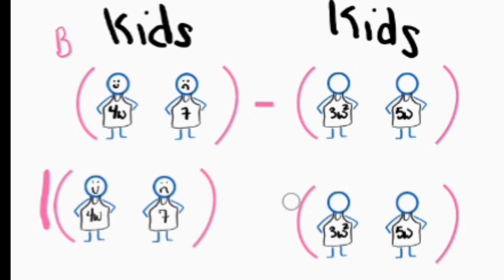The one that's in front of the second group of kids won't be a positive one. You will distribute a -1 times both of those kids. It's a little bit different.